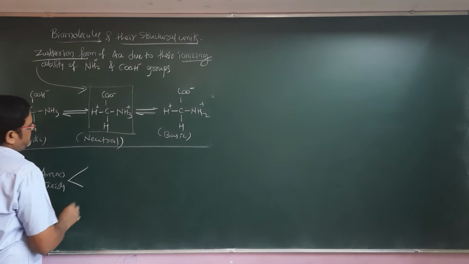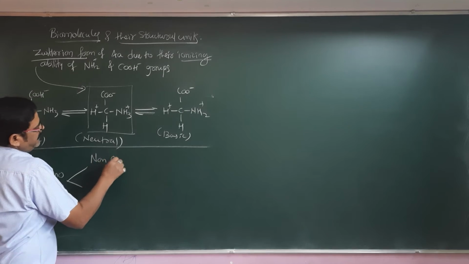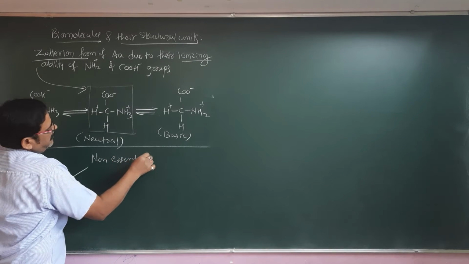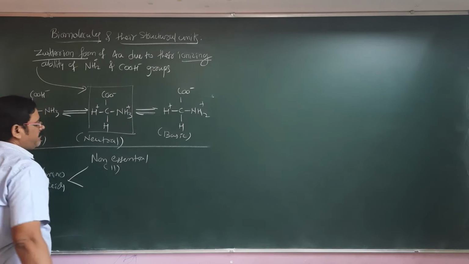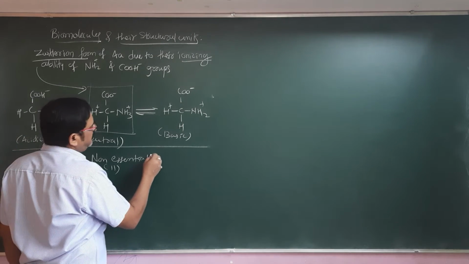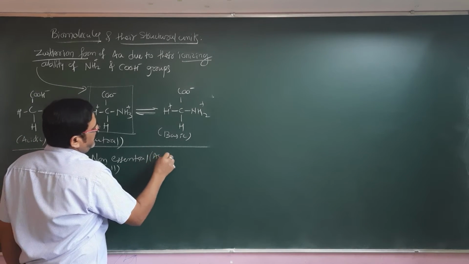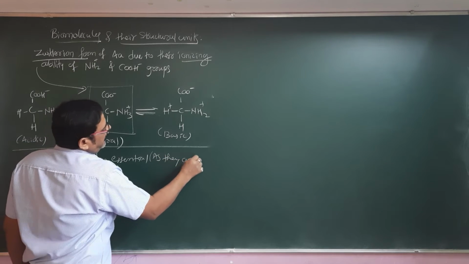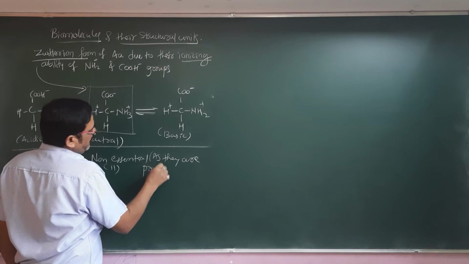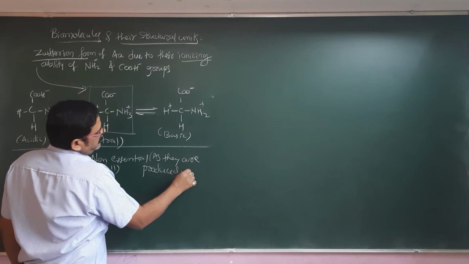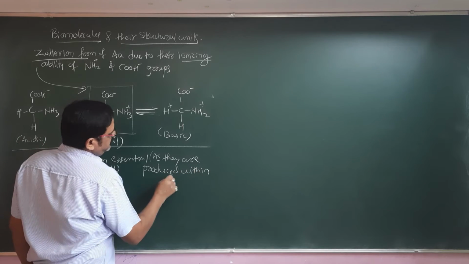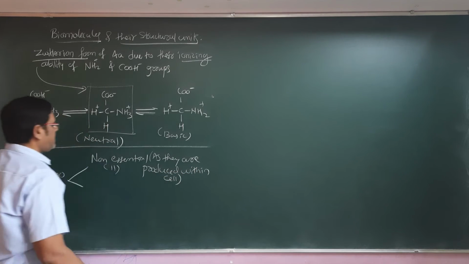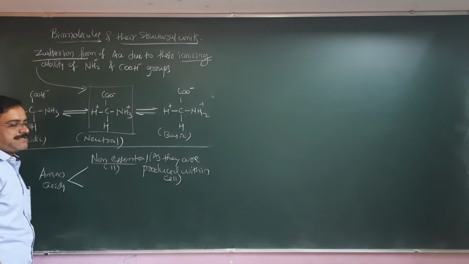The non-essential ones are 11 by type, because they are produced inside the cell only, so they become not much essential.